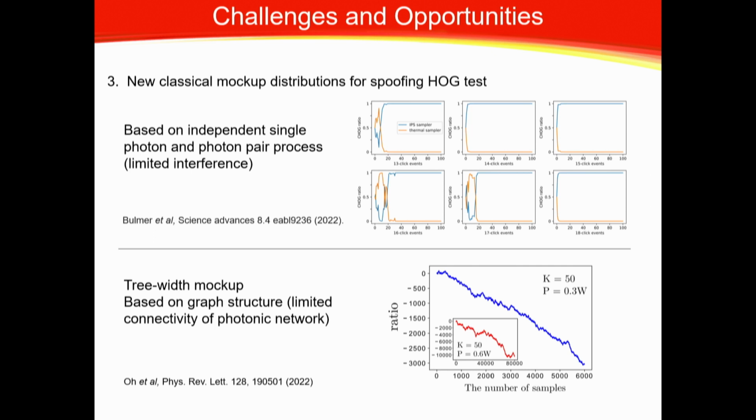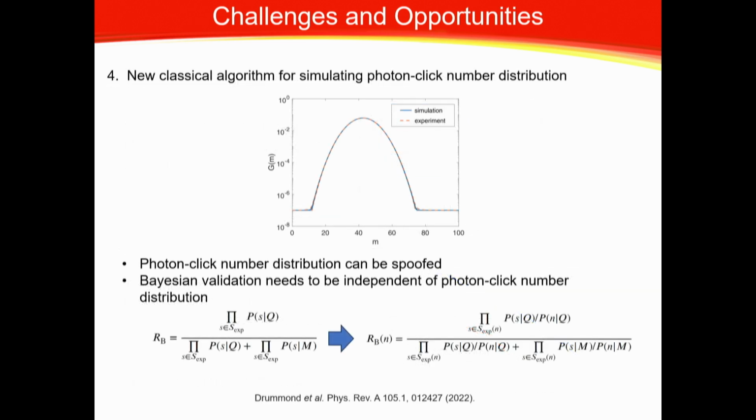This means these distributions can actually perform better than the ideal sampler. So this means the problem is not with the experiment, but the validation tools themselves need some improvements. And also there are some more technical results showing that they can exactly simulate certain information from our experiment. So this means we need to do our validation independent of such information.